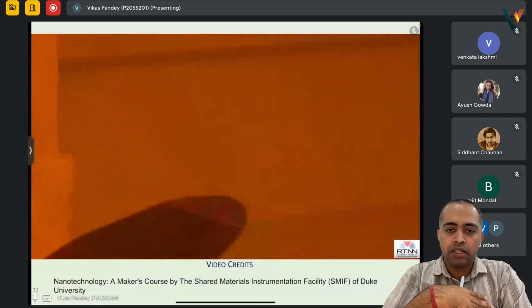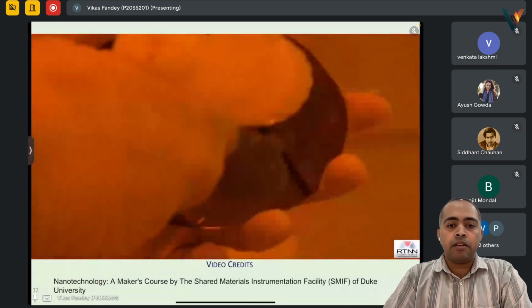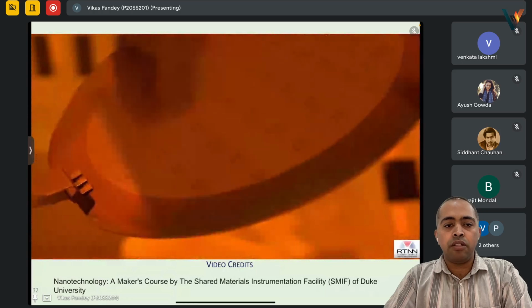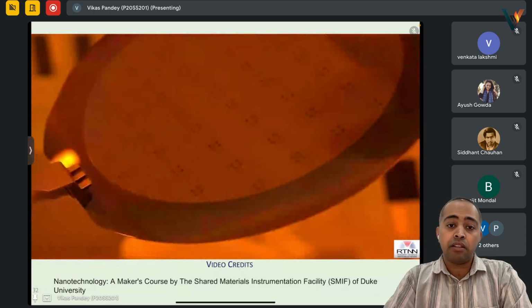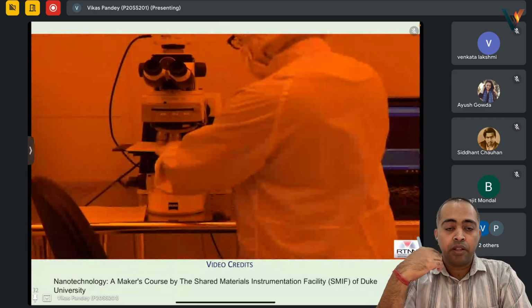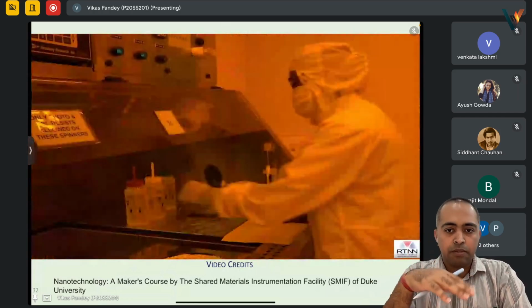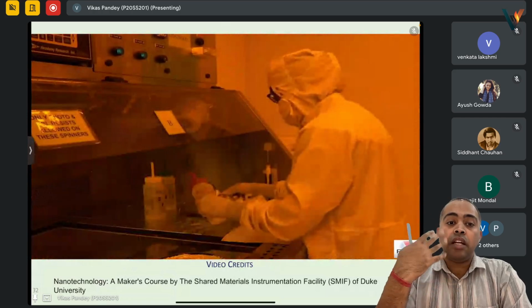Now it is cleaned using DI water and dried. You will see the pattern is now transferred over it, and then it is inspected, and then the etching process will be done.